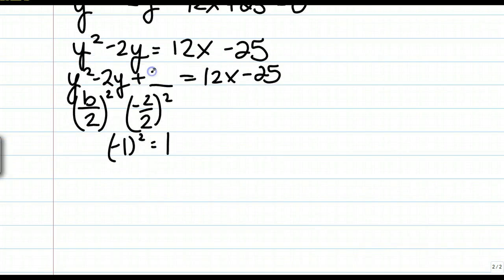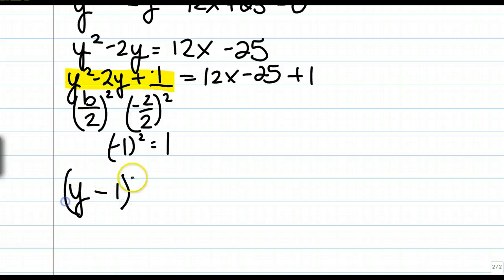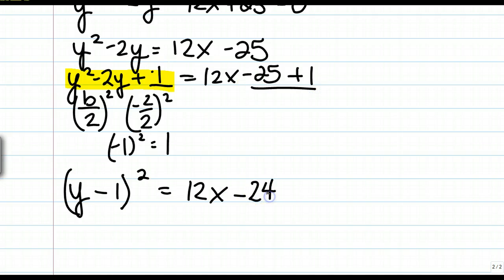So I'm going to add a 1 here, and I'm going to add a 1 here. So what you do to one side, you have to do the other. I'll go ahead and just factor this, because when we're looking at this, we can just factor it, right? So I'll have y minus 1 squared equals 12x minus, combine like terms, 24.